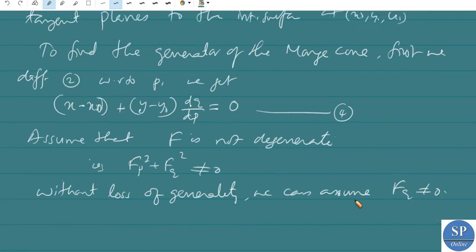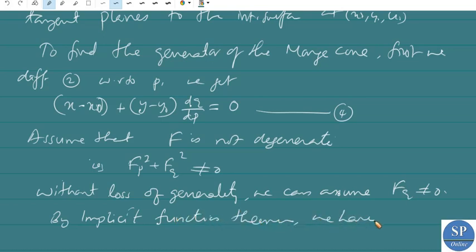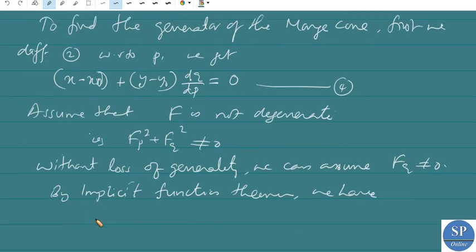Then by implicit function theorem we have q dash of p is equal to minus fp divided by fq.